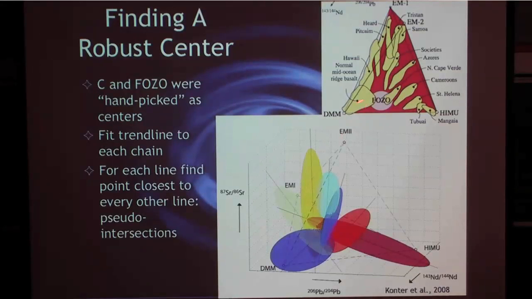You can do exactly the same exercise within the mid-ocean ridges. And if you take the Indian, Atlantic, and Pacific Ocean, they make three trends that basically point in the same direction, and that's where C comes in. So C and FOZO, or Bill made this point before, he called it PREMA. These things are all roughly in the same place.